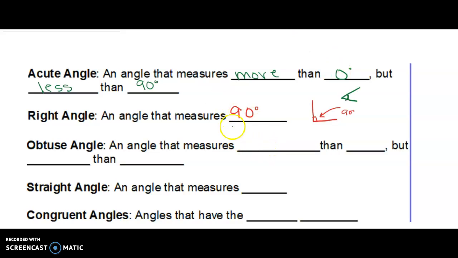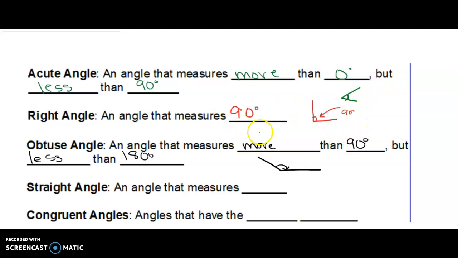An obtuse angle is an angle that measures more than 90 degrees but less than 180 degrees. So that would be something like that, where this is bigger than 90, but clearly it's not quite 180.